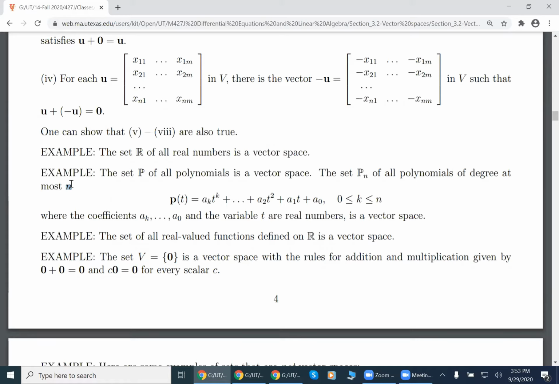If n is equal to 2, and if you consider all polynomials of degree not at most 2, but of degree 2, this set does not have 0, because 0 is not a polynomial of degree 2. It's a polynomial of degree 0. Does this make sense? Yes, thank you.